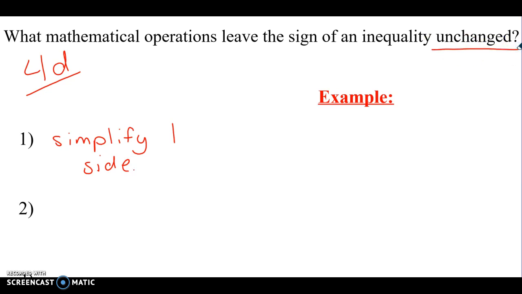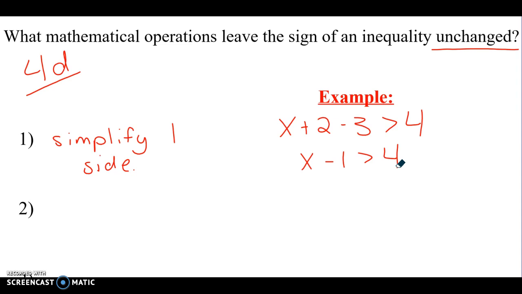So let's say I have like x plus 2 minus 3 is greater than 4. If I combine my like terms and if I do 2 minus 3 and get negative 1, do I need to change my sign? No. Not if you're just doing it to one side. If you're ever just simplifying one of the sides, you don't have to change the sign ever.